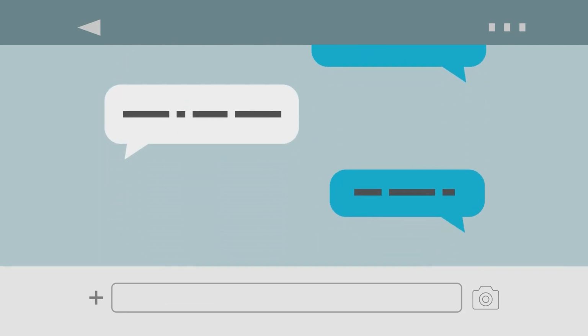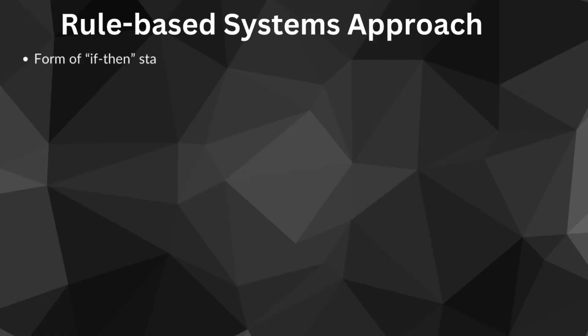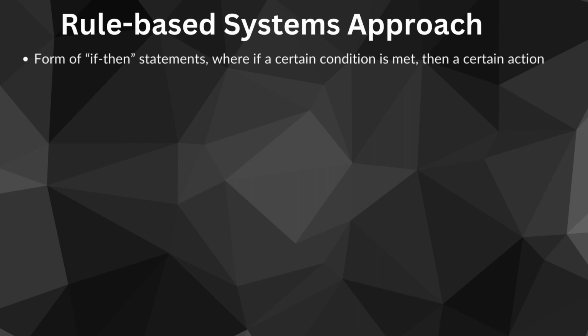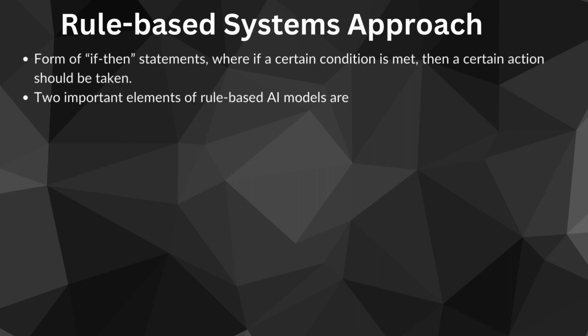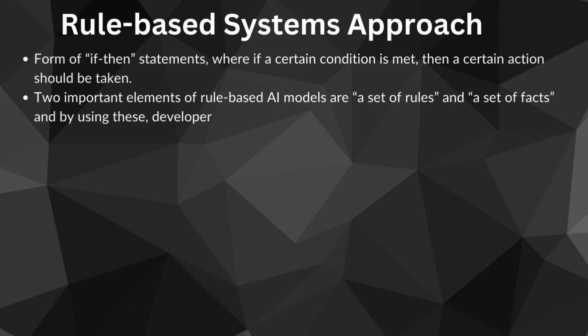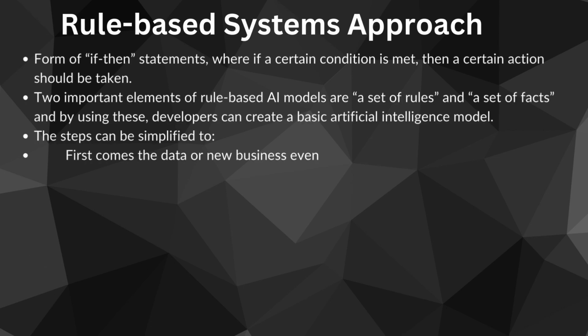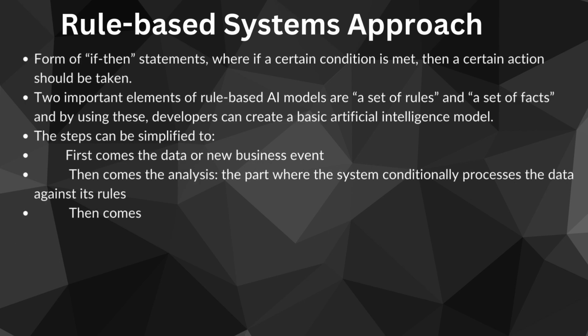Now the approach of the rule-based system: we can say that the essence of rule-based systems lies in the formulation of if-then statements, where a specific action is dependent upon the satisfaction of a particular condition.